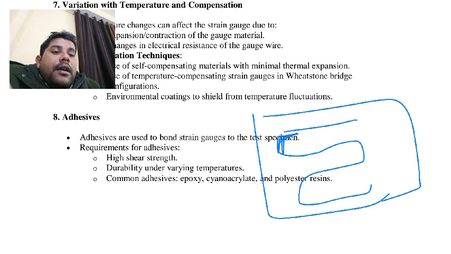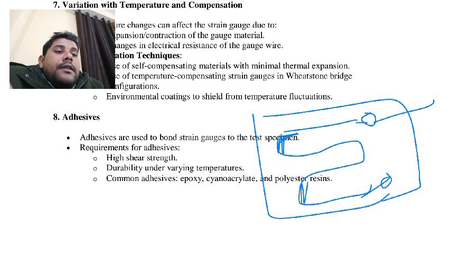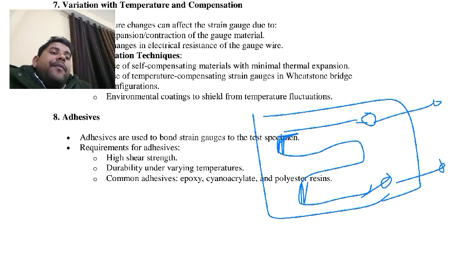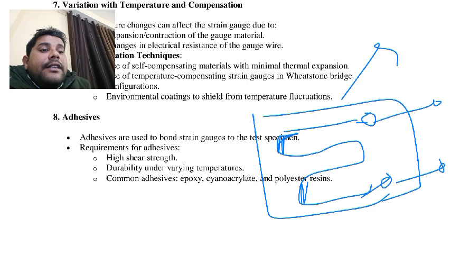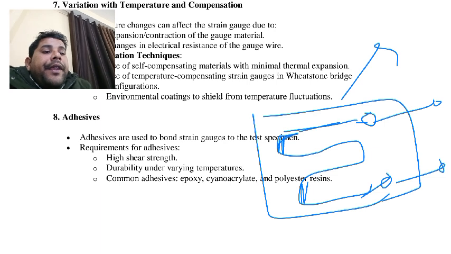Here is the hard material, this is the connection, and this is the electrical output. This is the backing. Adhesive is the technique used to put the strain gauge on the specimen.